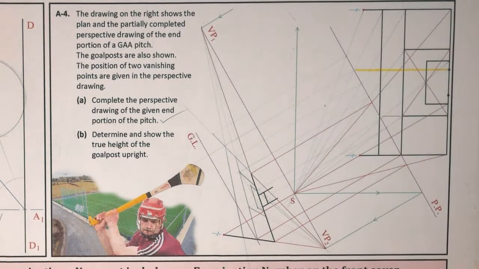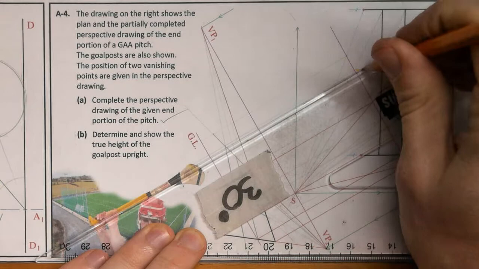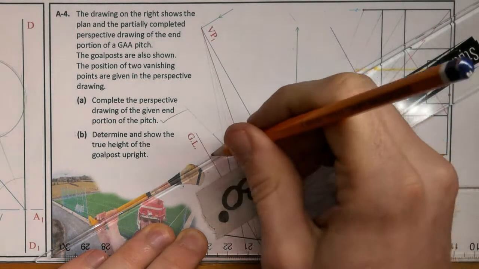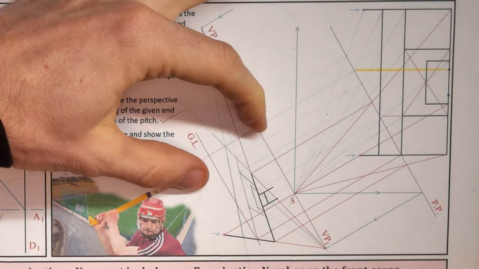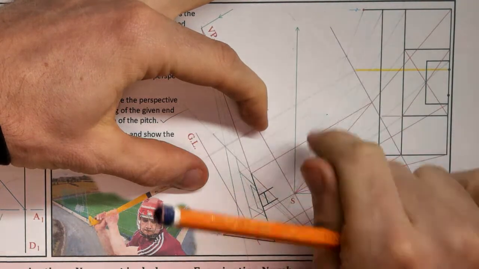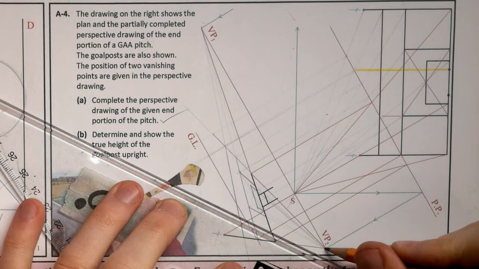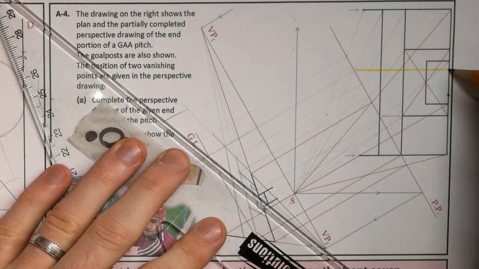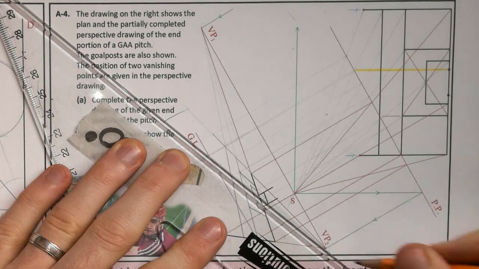Okay, so now it's projected onto the picture plane. So we will bring that down, like so. So this is the position of that goalpost now resting on the picture plane. Okay, it has been projected forward onto the picture plane there. Okay, so we are going to use my vanishing points, make sure it's this post, because I used the back post, not the front post, but whichever one you used, you will use the corresponding one.